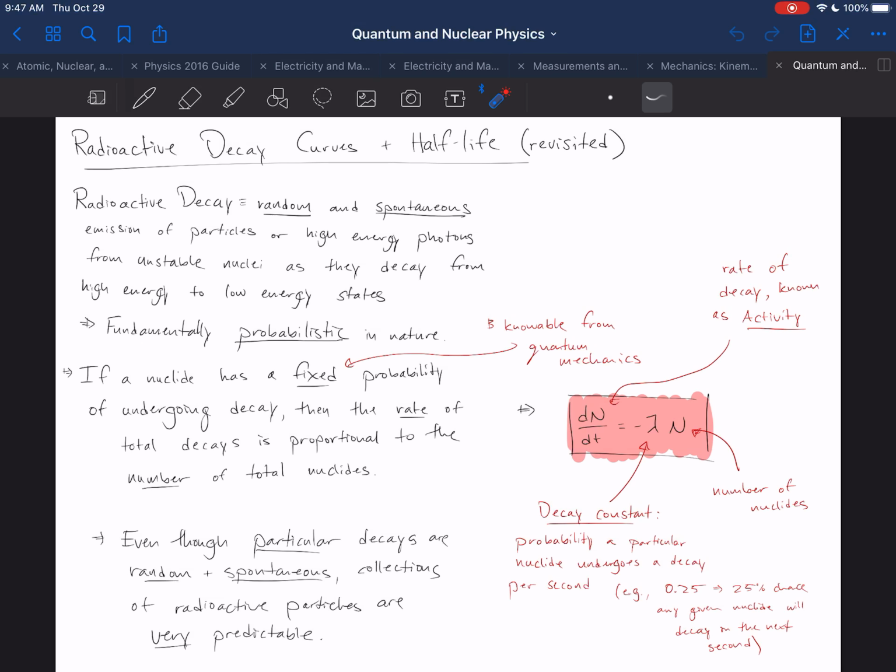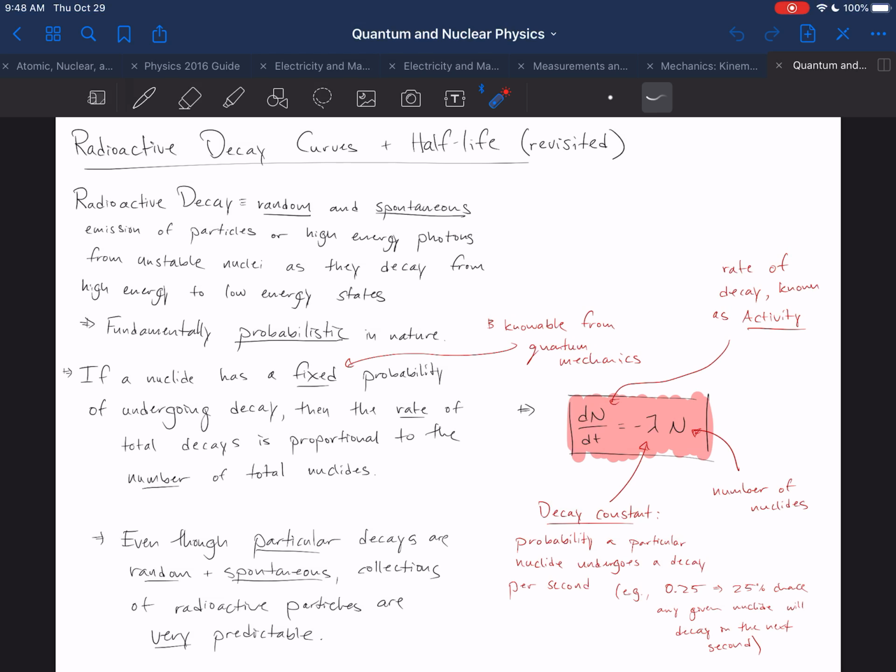And if a nuclide has a fixed probability of undergoing decay, then the rate of the total decays is proportional to the number of total nuclides. So that probabilistic nature from quantum mechanics then gives us this fundamental relationship here, which is that dN/dt, the rate of change of the original nuclide, is equal to negative lambda, that decay constant, times N, where lambda is understood as the probability a particular nuclide will undergo a decay per second.